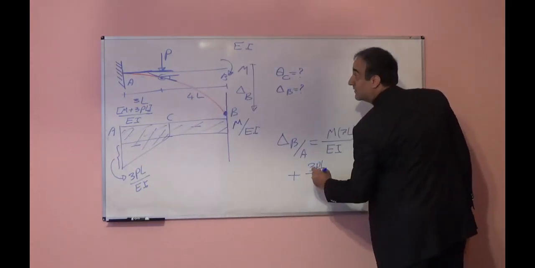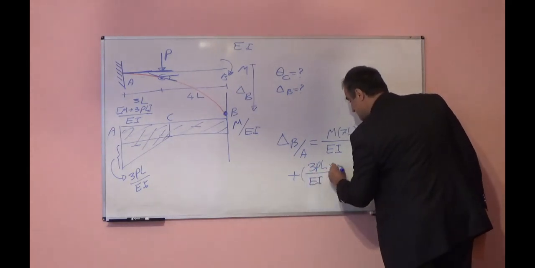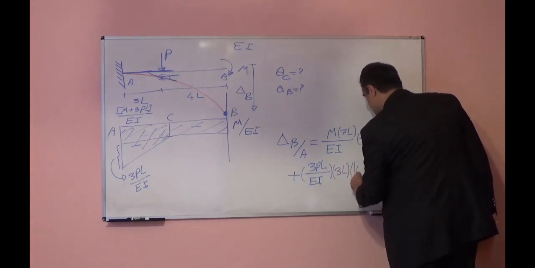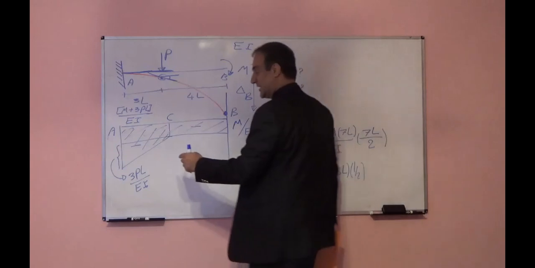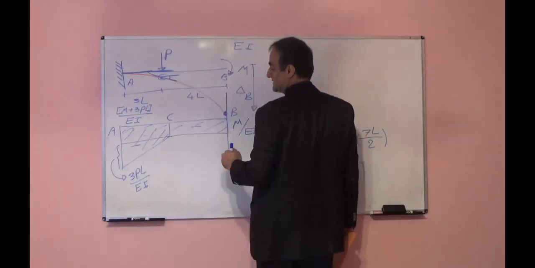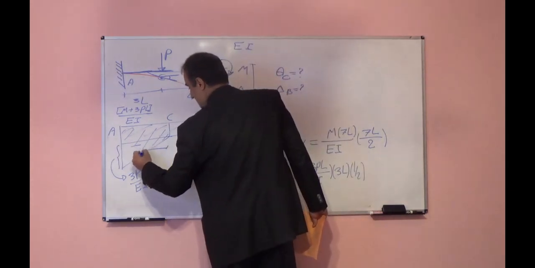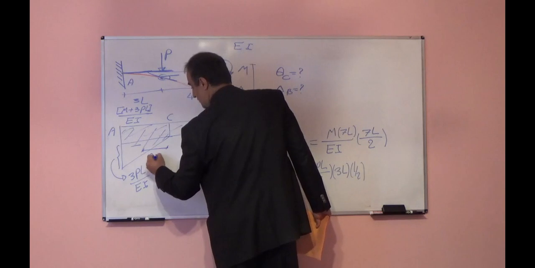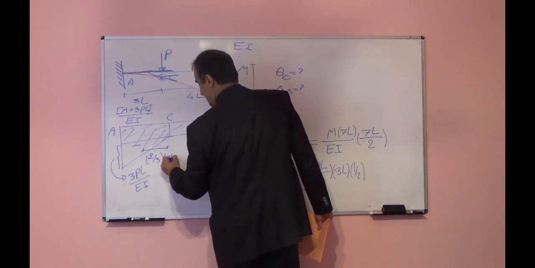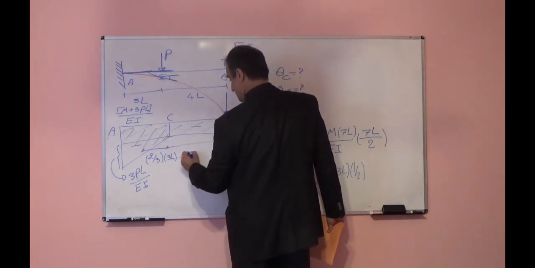Which is 3PL over EI times 3L times 1 over 2. This will be the area for this triangle. From the centroid of this triangle up to here, the centroid of this triangle will be from this side 2 over 3 times the length 3L, plus 4L.